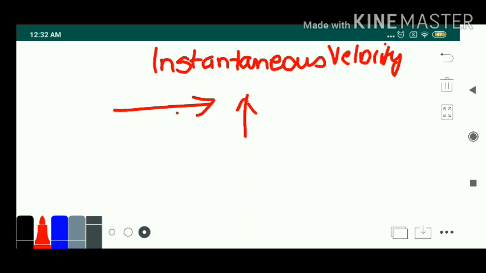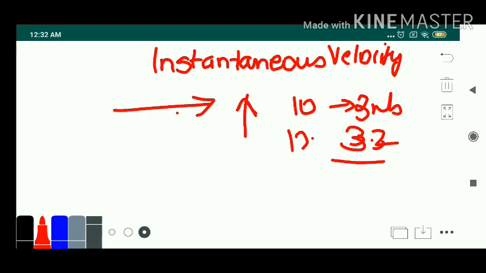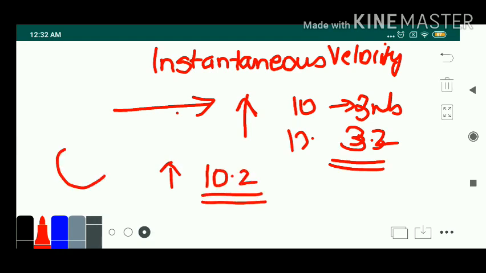So initially suppose at 10 I was having say 3 meter per second, later at 10.5 I increased to 3.2, like that I gradually increase my speed, right? So in between, let's say at 10.2, I looked at my watch.